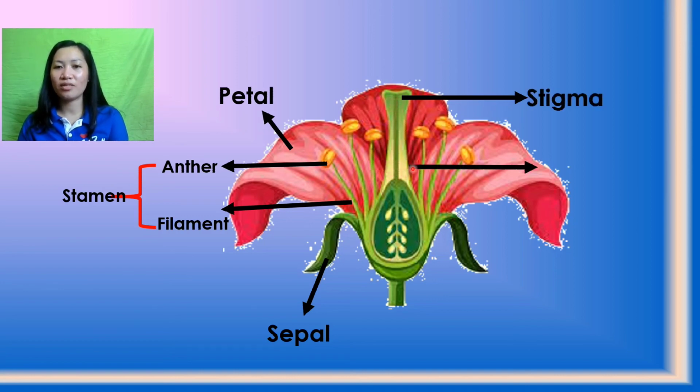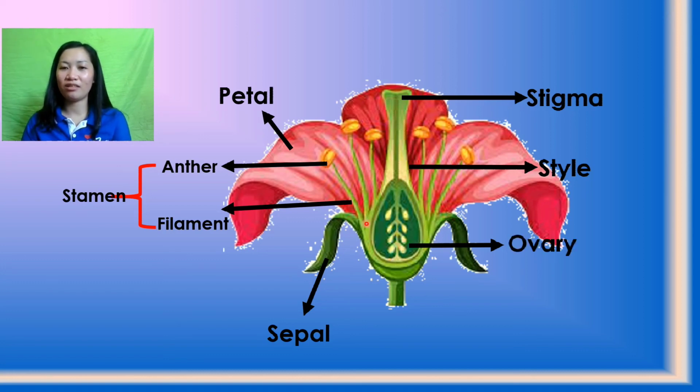How about this one? What do you call this one? The style of a flower. And how about this one? It contains the ovules of a plant, the ovary. Very good. It contains the egg cell. So what do we call these three?